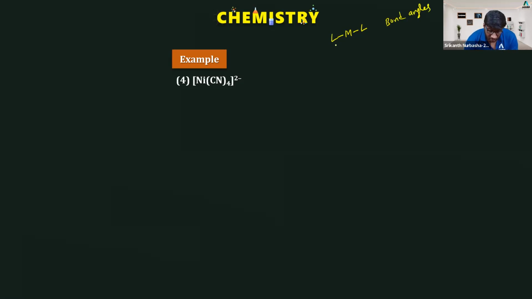I'll just give a question. In NiCN4 2 minus, L means ligand, M means metal, L means ligand. The sum of 120 degree, 90 degree, and 180 degree ligand metal ligand bond angles is how many?